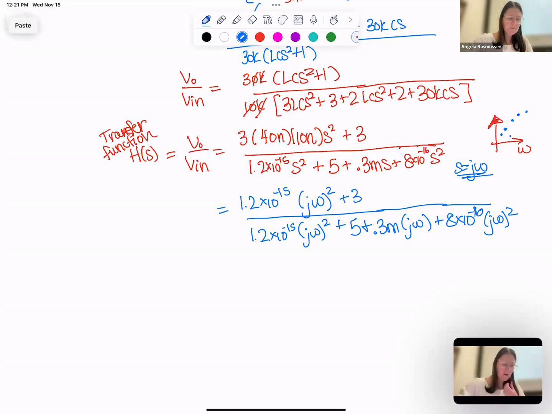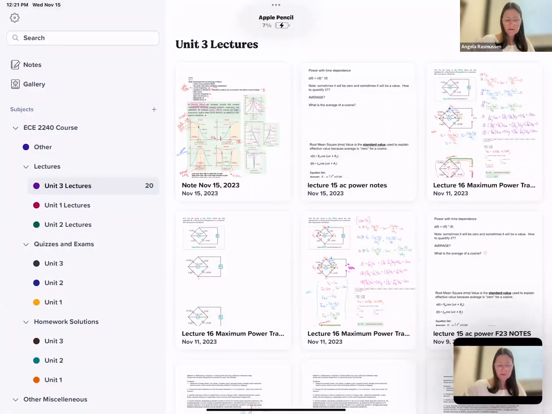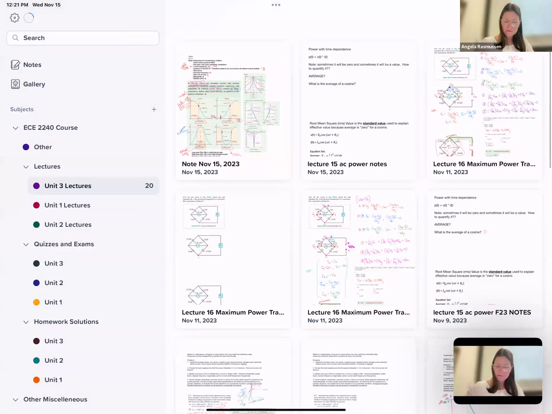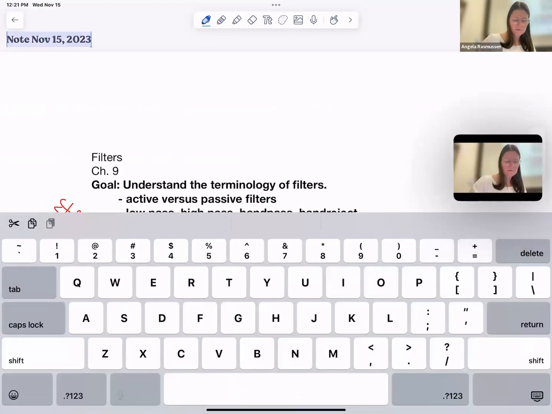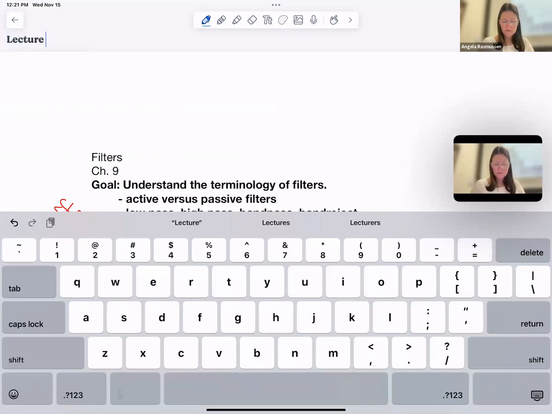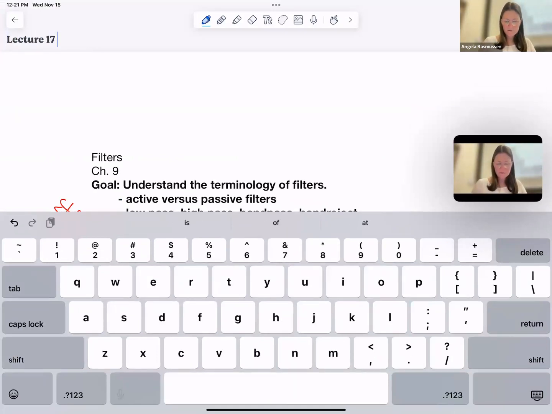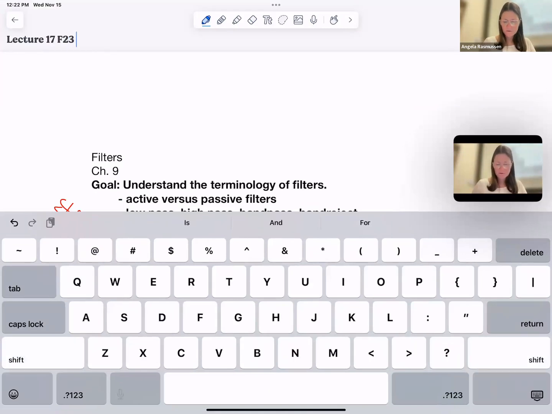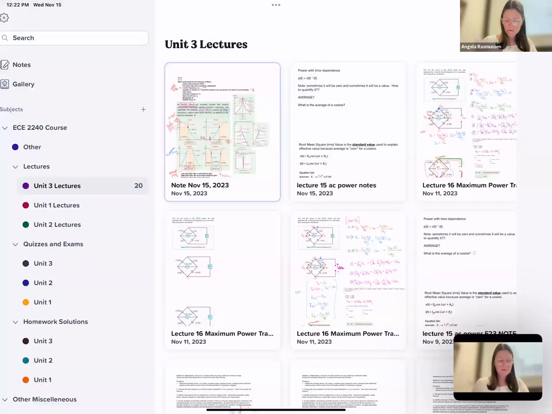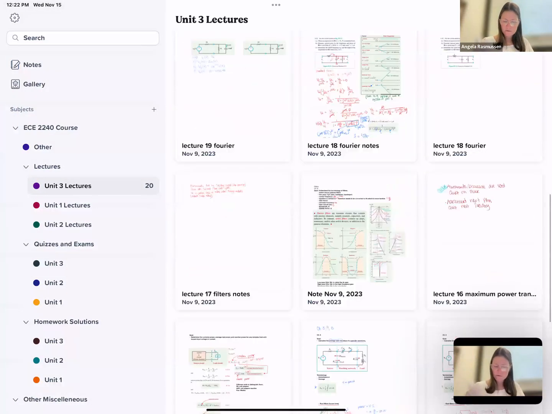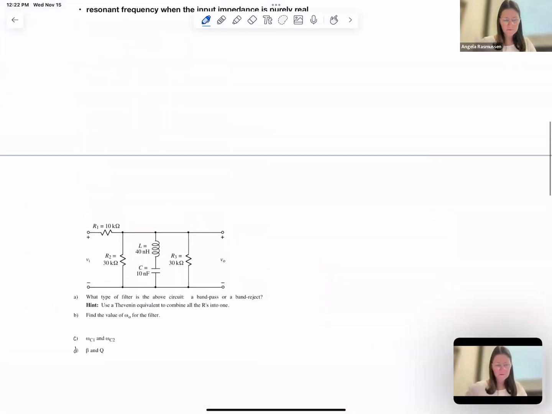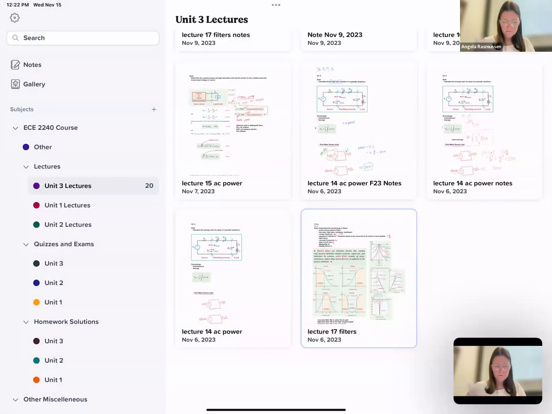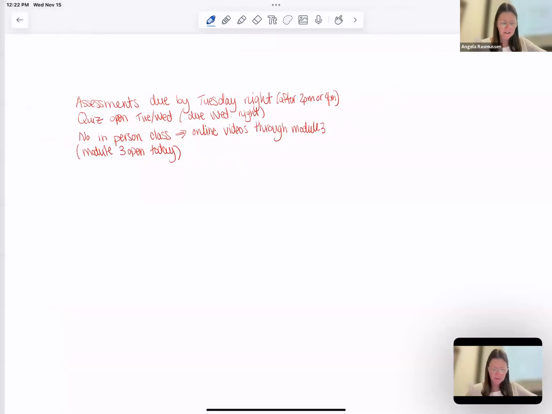So in MATLAB, they have a nice tool. There it is.